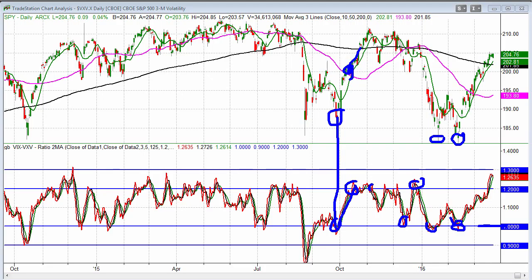But as you can see, when it finally rolled over again, that demonstrated that the market was a little excessive in terms of its sentiment and pulled back a little bit. All right, so pretty straightforward. And again, this is just a heads up that we are pretty high. And if this thing starts to roll over and comes under the 1.2 level, you should be keeping a close eye on what the SPYs are doing.